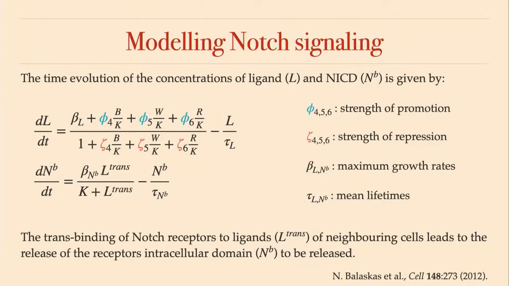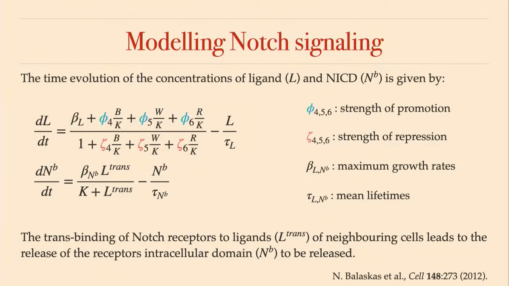I think I didn't mention this. Basically, when you have successful binding across cells, that's referred to as trans binding, right? So the trans binding of Notch receptors to ligands of neighboring cells. The ligands of neighboring cells we refer to as L trans, and in our model it is basically just the sum of all the ligands of the neighbors, right? So that's what L trans is.